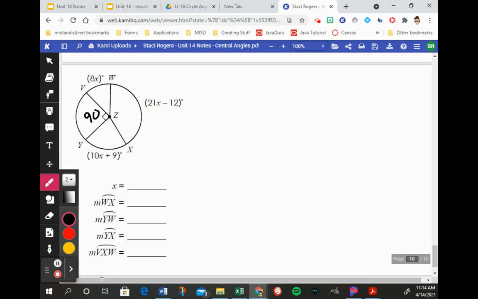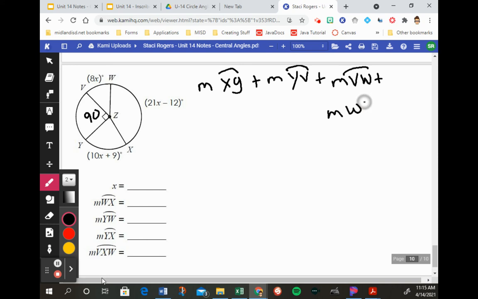So I know that the measure of XY plus the measure of YV plus the measure of VW plus the measure of WX equals 360.